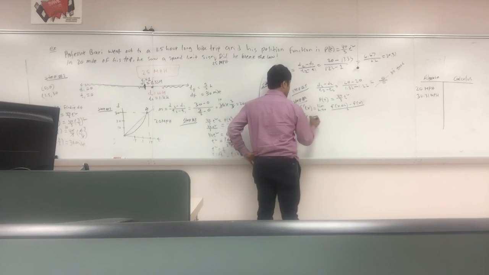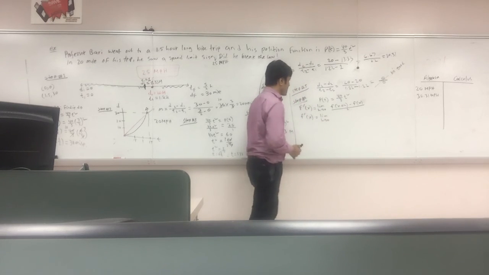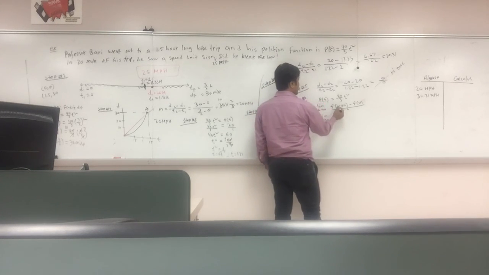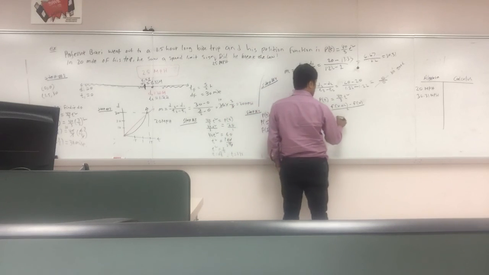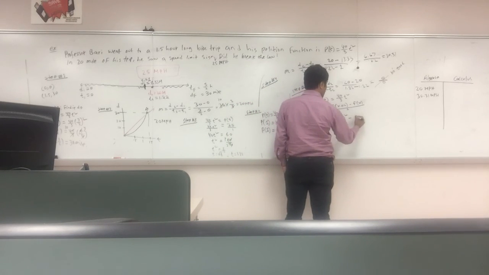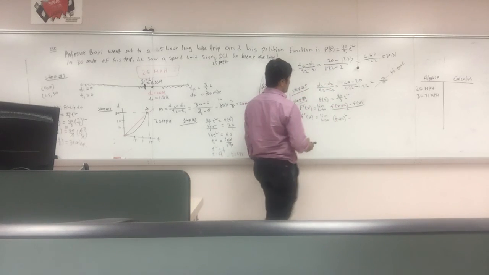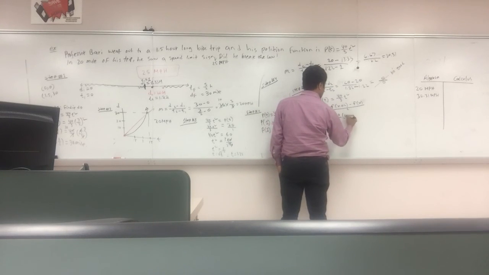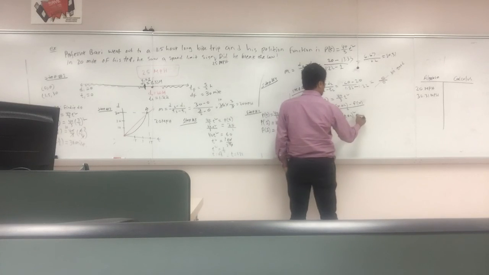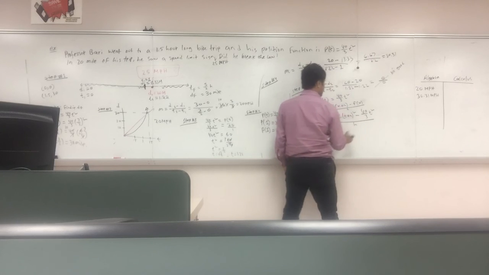Now, instead of x plus h, we're going to write t plus h. So we have to be careful: 40 over 3 times (t plus h) squared minus 40 over 3 t squared, over h.